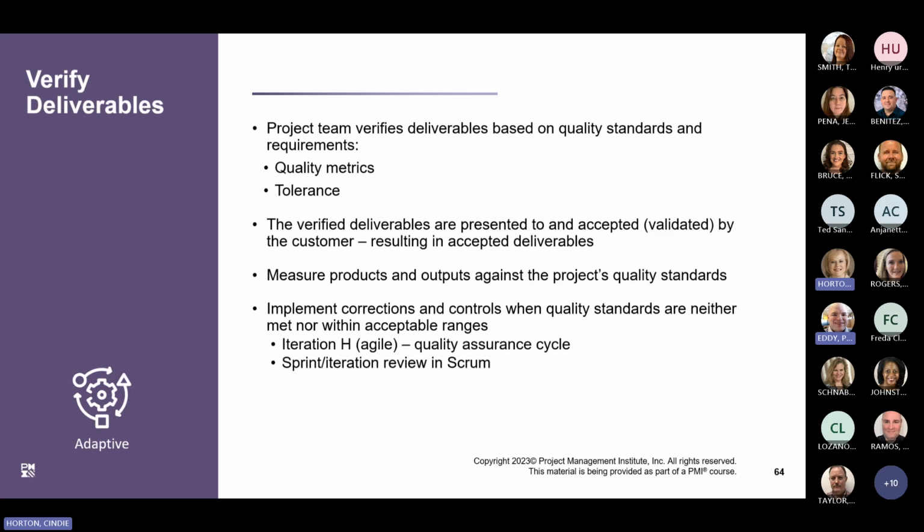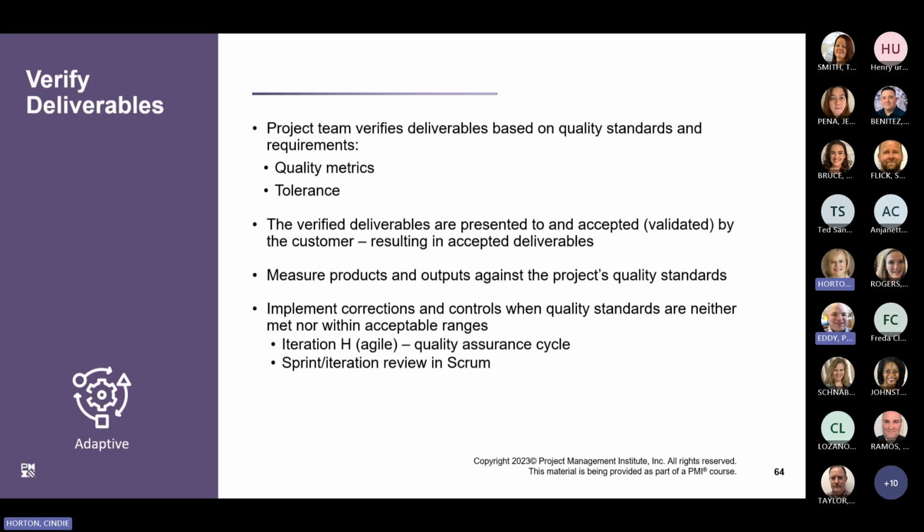The project team then measures products and outputs against the project's quality standards. Lastly, when quality standards are neither met nor within acceptable ranges, the team implements corrections and controls. In agile approaches, this often happens in what is referred to as iteration H, or the hardening iteration for final quality assurance.